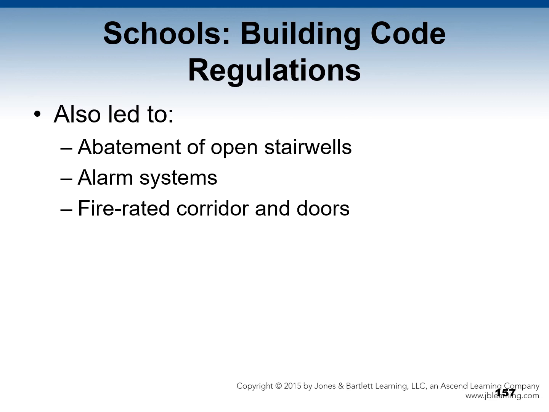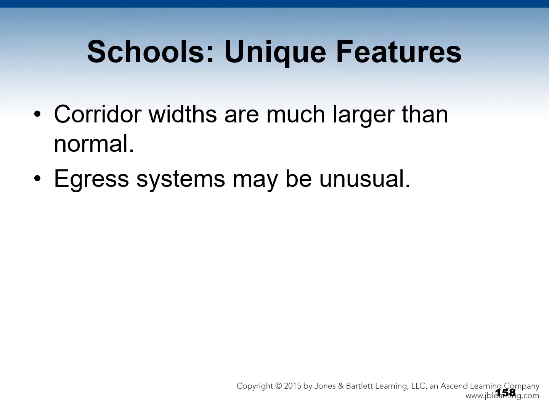Also in schools, you have the abatement of open stairwells, alarm systems, and fire-rated corridor and doors. There are some unique features of schools, one being that corridor widths are much larger than a typical hallway, and egress systems may be unusual as well.